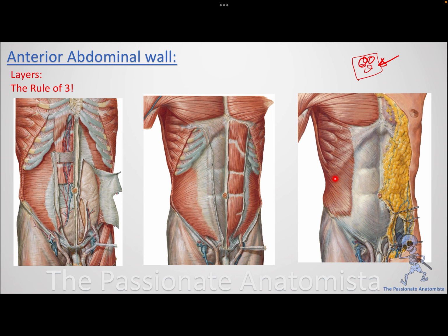So the external oblique will make the external oblique aponeurosis, the internal oblique will make the internal oblique aponeurosis, and the transversus abdominis will make the aponeurosis of transversus abdominis, and the three of them are going to come all the way in the front and envelop the rectus abdominis muscle. We're going to talk about this in the next slides.